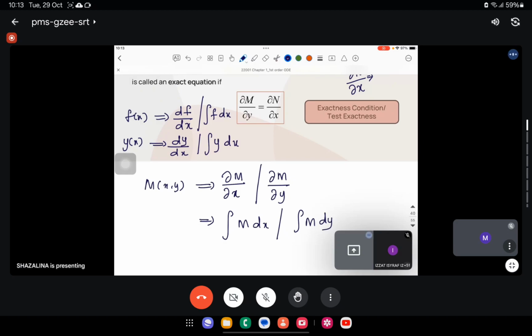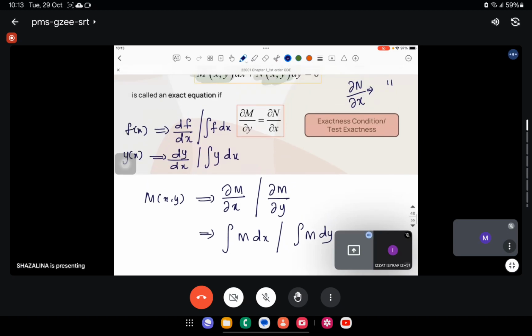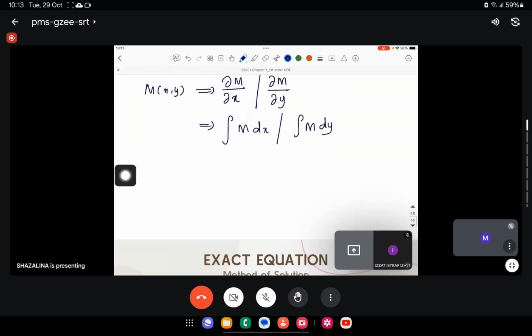Okay, what happens to the function when we partially differentiate? I'll give you an example. Let's say M equals x square y. This is an example of a function.